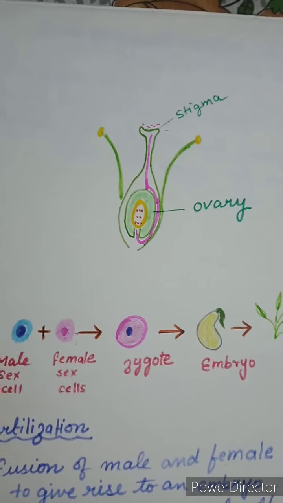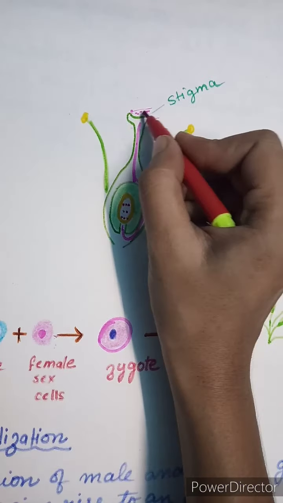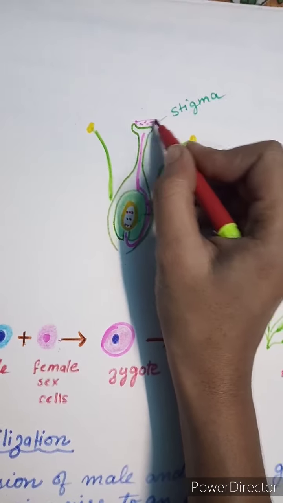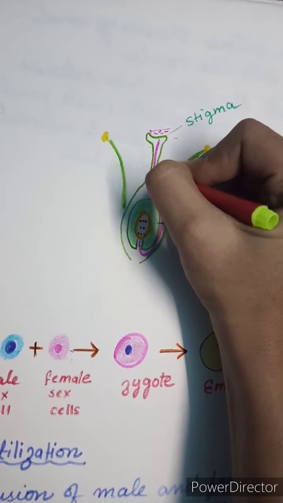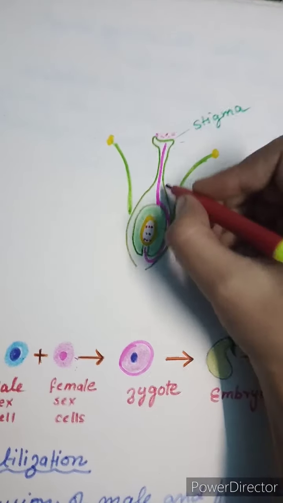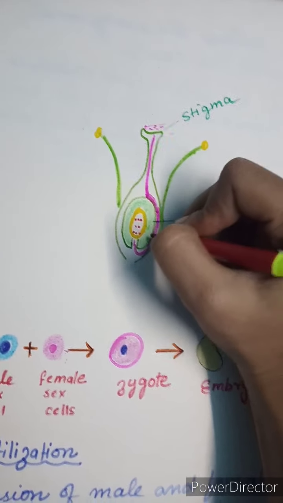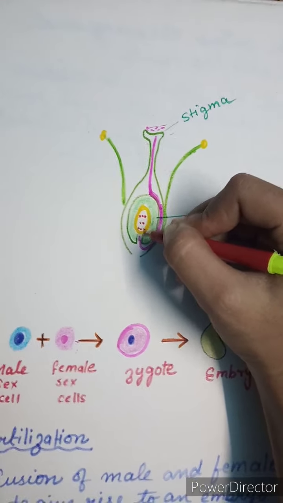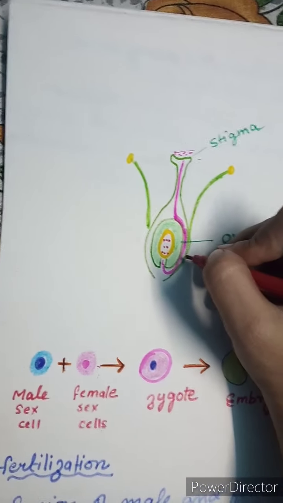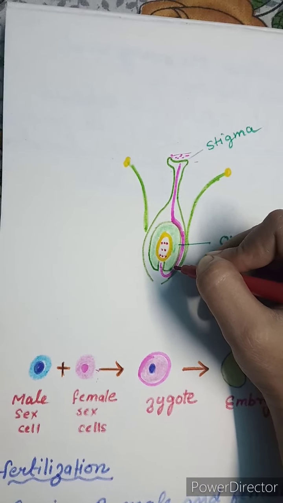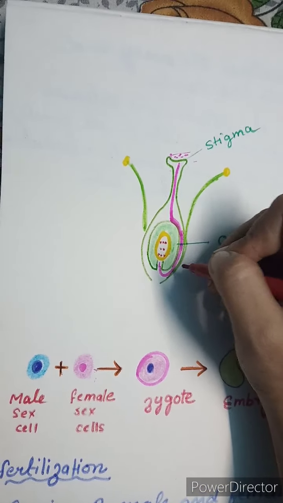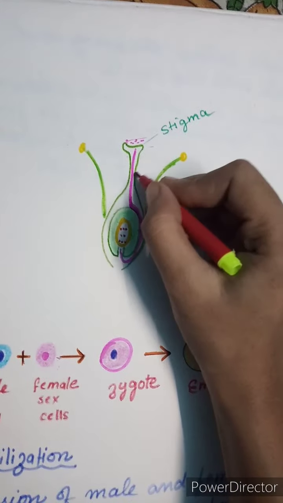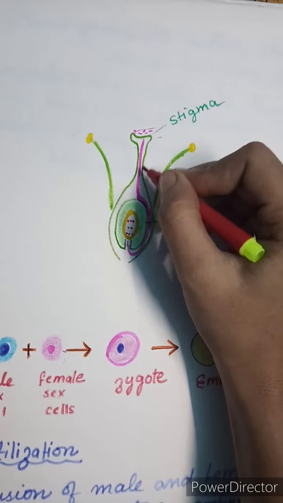So the pollen grains which stuck to the stigma have now formed a tube-like structure, which lengthens to travel downwards towards the ovary through the style. This part is called the style.